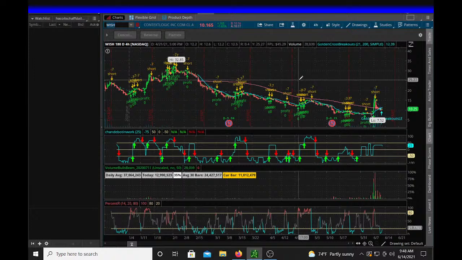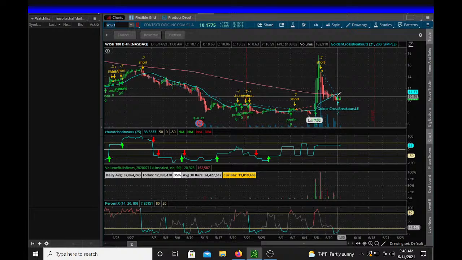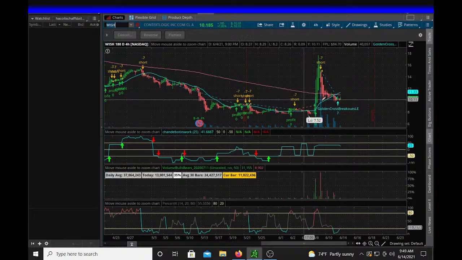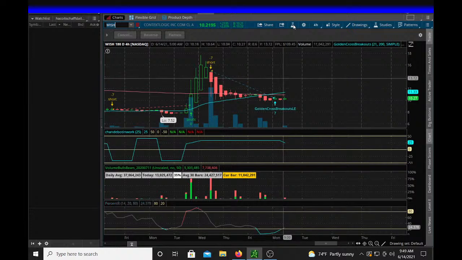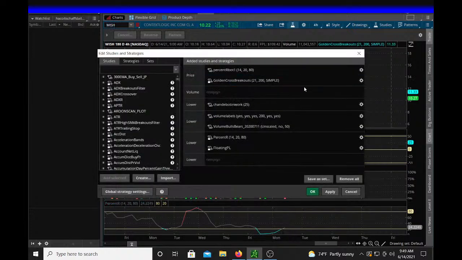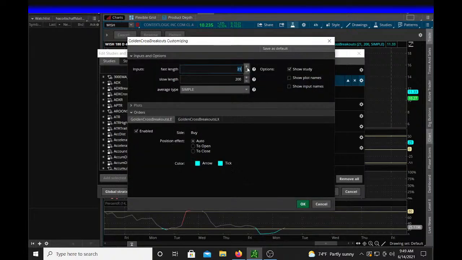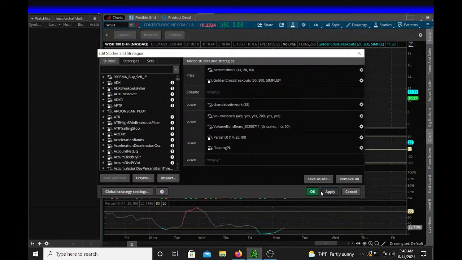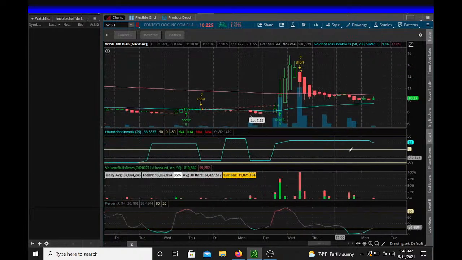It's been short ever since. But now the 21's crossing back over. That's a good sign. Now let's see if the 50 is. And the 50 hasn't quite crossed back over yet, so.